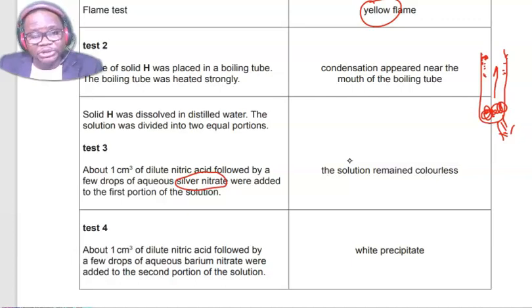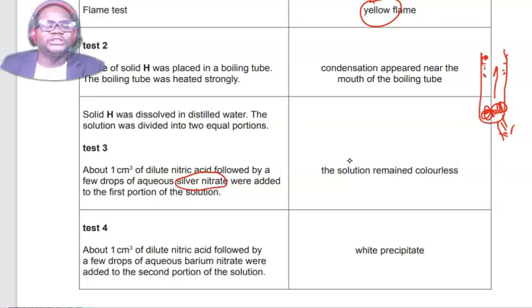So no halide is present, no chloride, no iodide, no bromide. If they were present, you are going to have a white precipitate identifying chloride, cream precipitate identifying bromide, and yellow precipitate identifying iodide. So now we have eliminated halides from this particular experiment, for this particular solution H.